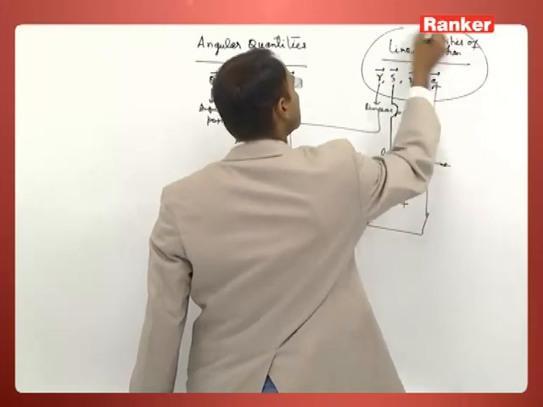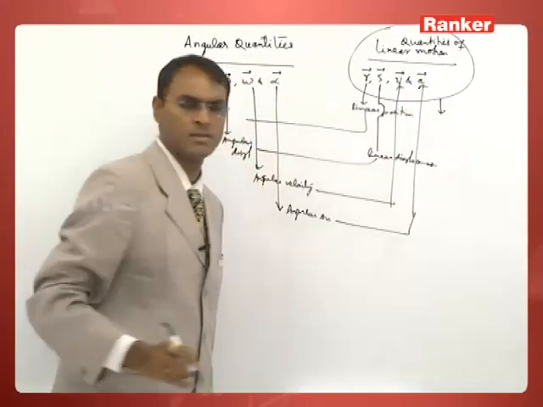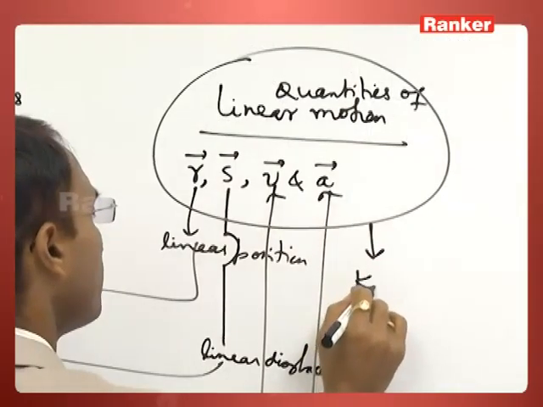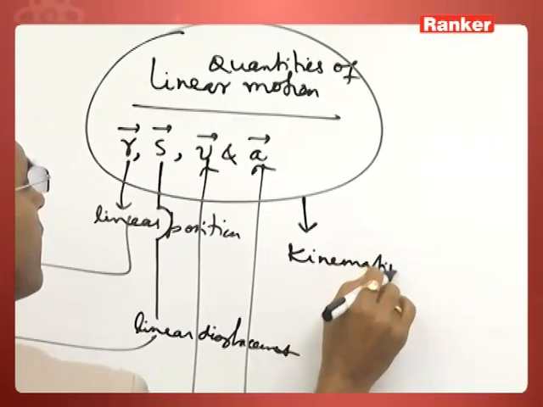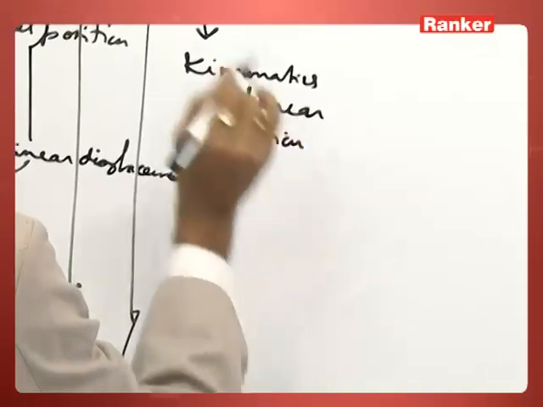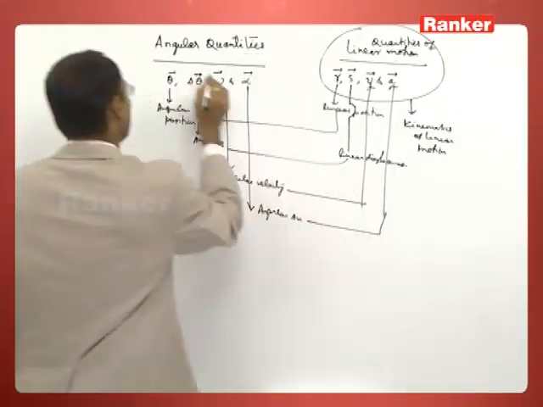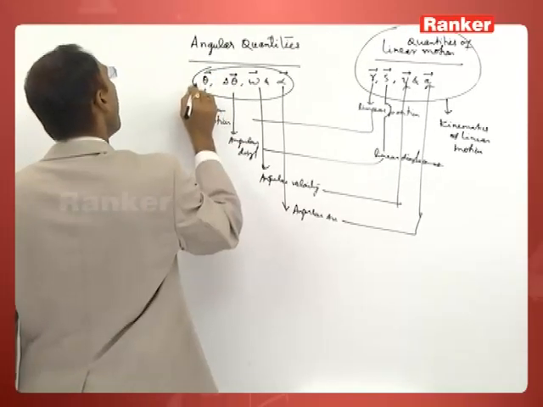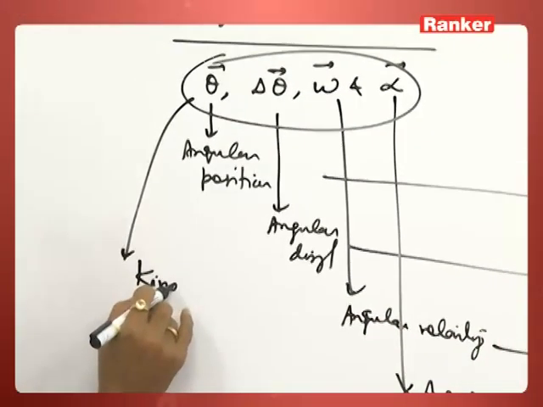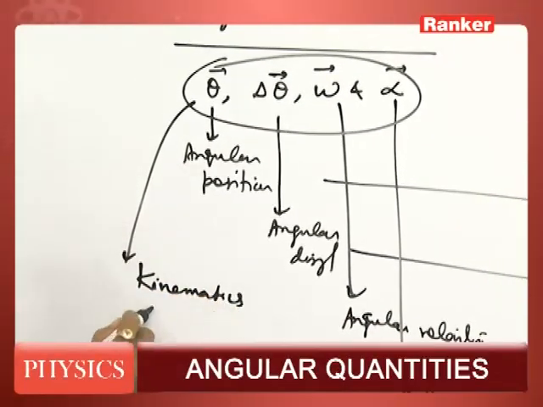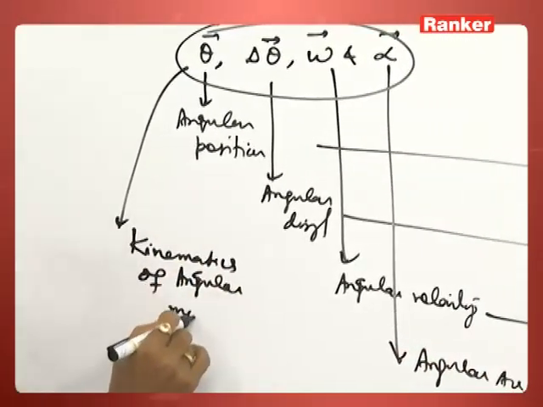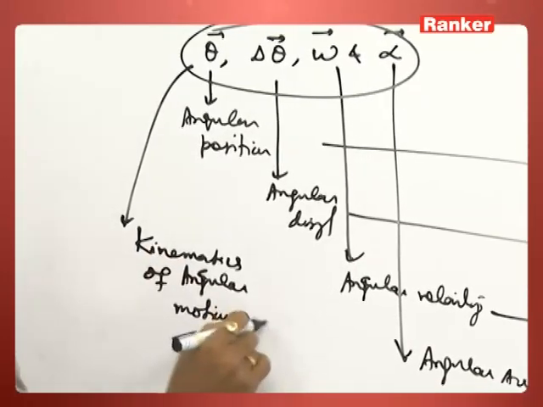These quantities define the kinematics of linear motion. These quantities define the motion, or the kinematics, of angular motion of a rigid body.